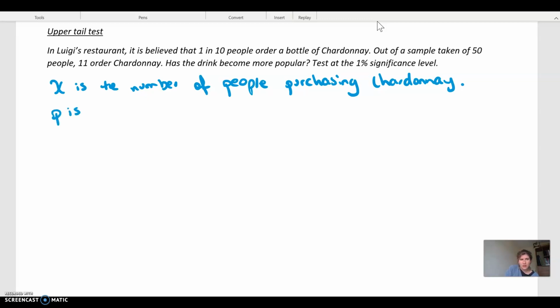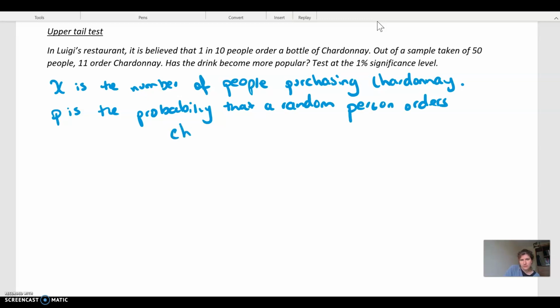So p is the probability that a random person orders Chardonnay. We then need to define our model. So our model is that X is approximately binomial. We're looking at a sample of 50 people with a certain probability.